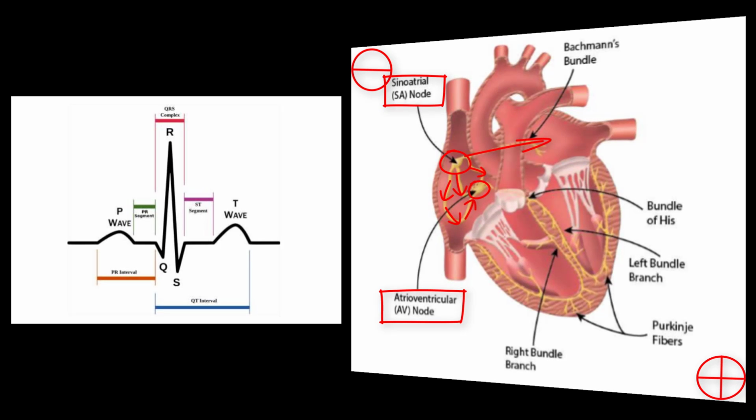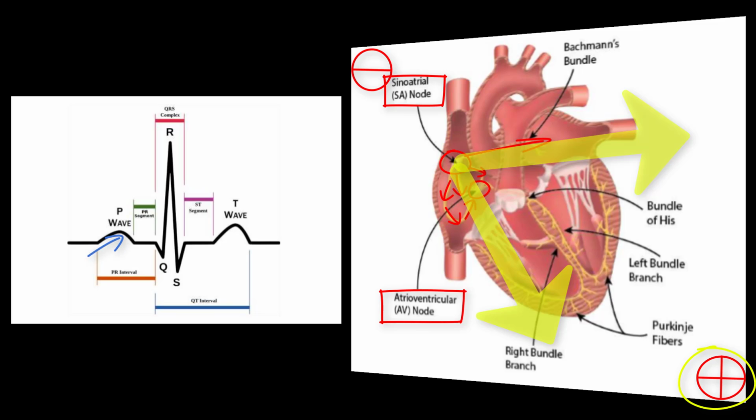Now, if the electrical signal is not heading directly towards a positive lead, but is going that general direction, what type of deflection would you expect? A positive deflection, because we're traveling in the general direction towards that positive lead, which is going to elicit a small positive deflection.